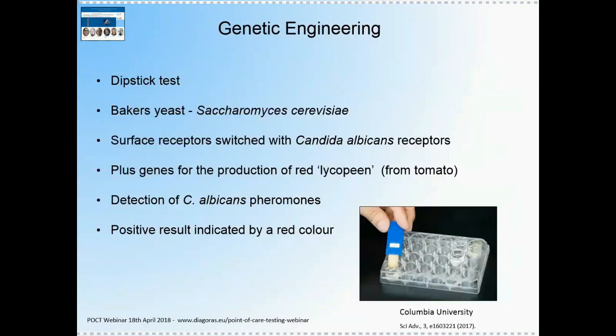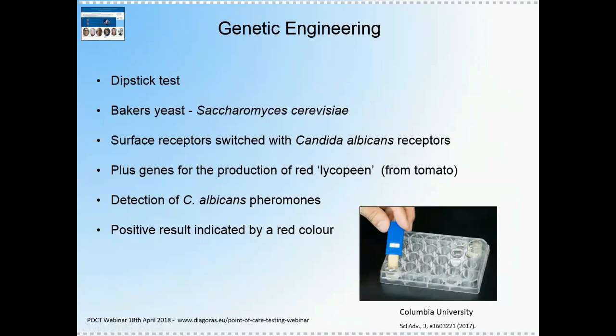Also, genetic engineering is a biological process, something for the future. Here we see from Columbia University, they genetically engineered a yeast, Saccharomyces cerevisiae, a baker's yeast, and they added receptors for Candida albicans in that yeast. They also added red genes, genes that produce a red compound called lycopene from tomatoes. And the idea is by adding the baker's yeast to a dipstick, you can use this device to detect Candida albicans pheromones.